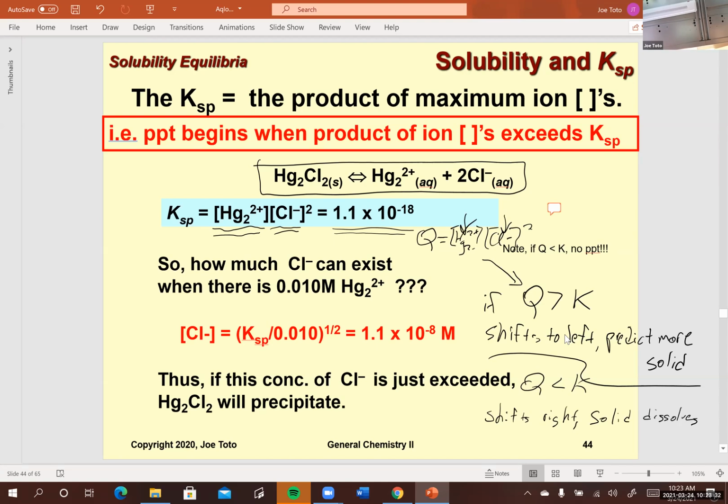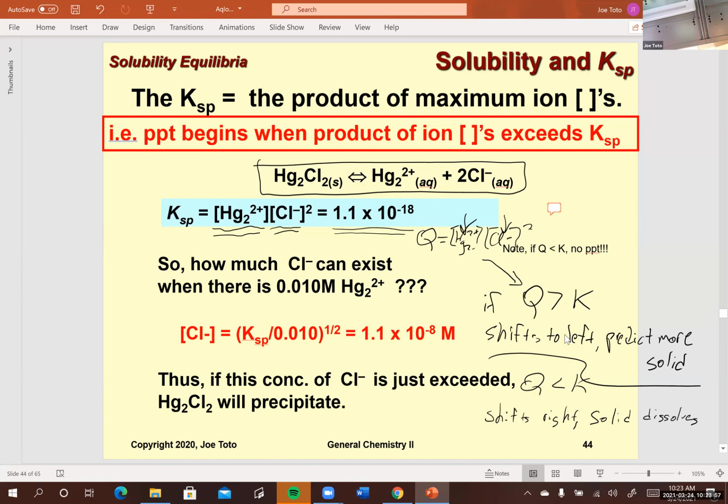Right, so that's the old Q concept, and it's still at play here. And all the Le Chatelier's principle stuff is at play as well, and we'll look at that a little bit. But it also tells you kind of like the speed limit or the maximum ion concentration that you can have without a precipitation, right?